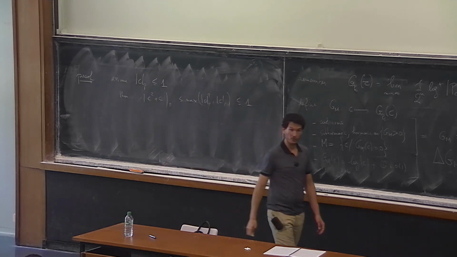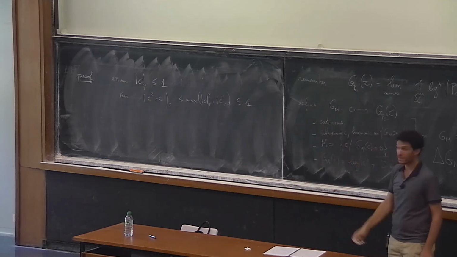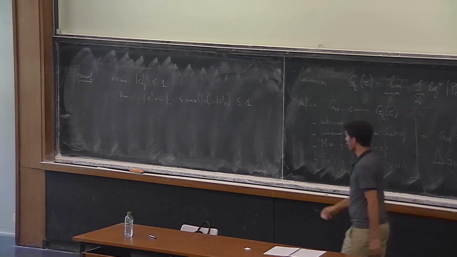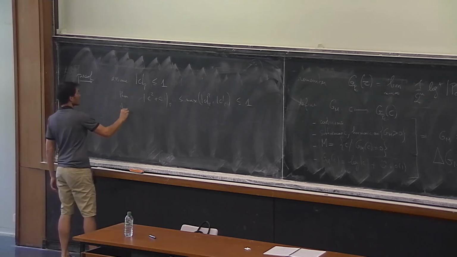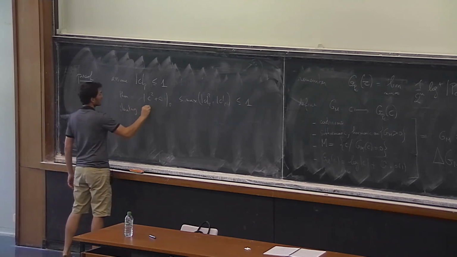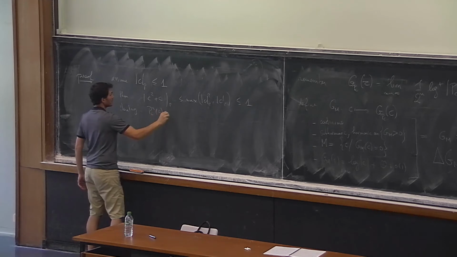By the ultrametric triangle inequality, c squared plus c is also of norm less than 1. And by iterating, you get that P_c^n of c is bounded.